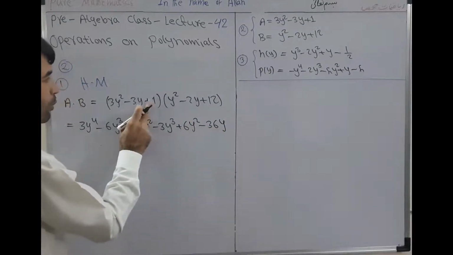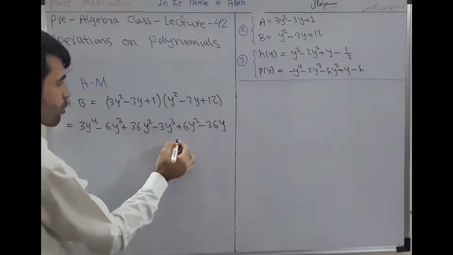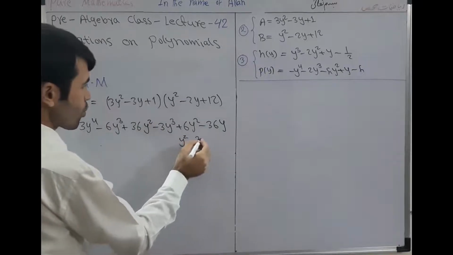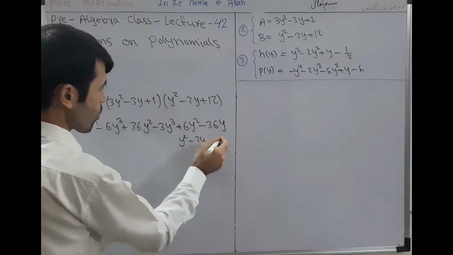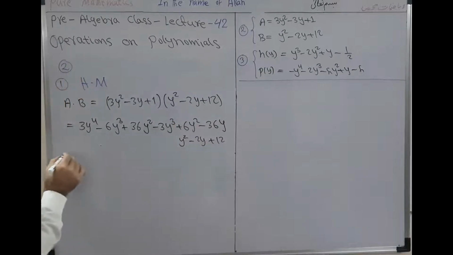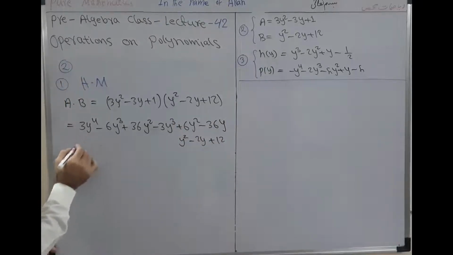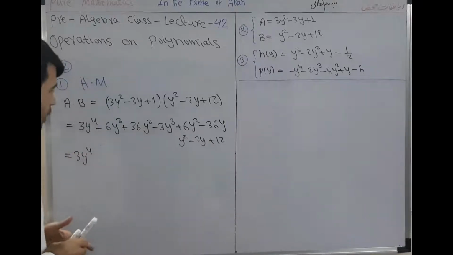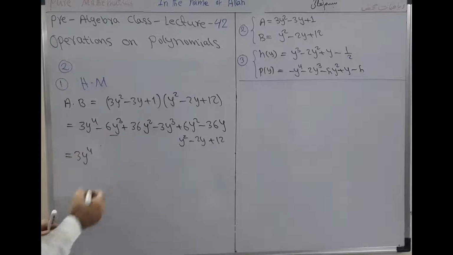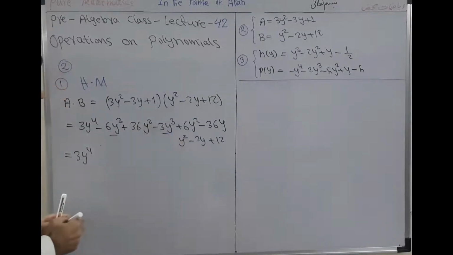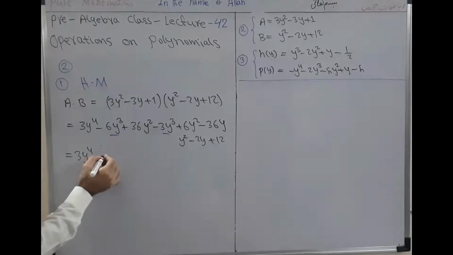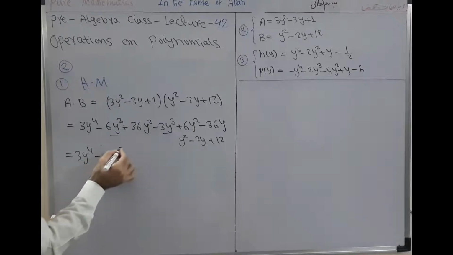Now we want to multiply 1 by y squared, plus 1 multiplied by minus 2y, plus 1 multiplied by 12. It is equal to 3y to the power 4. We don't have another like term, we will write it itself. Here we have y cubed, here also we have y cubed. Then we get minus 6y cubed minus 3y cubed, minus 9y cubed.